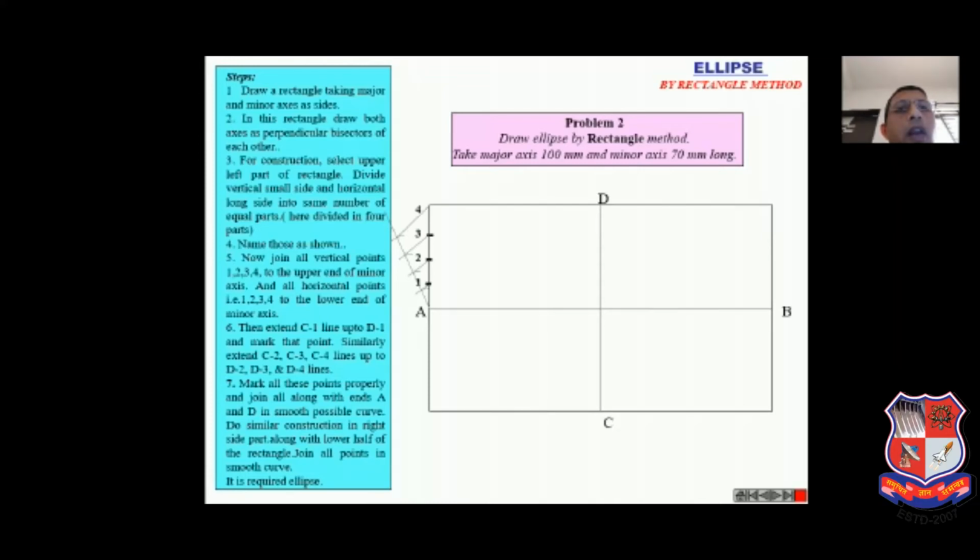Now we join all vertical points 1, 2, 3, 4 to the upper end of the minor axis, and all horizontal points 1, 2, 3, 4 to the lower end of the minor axis.